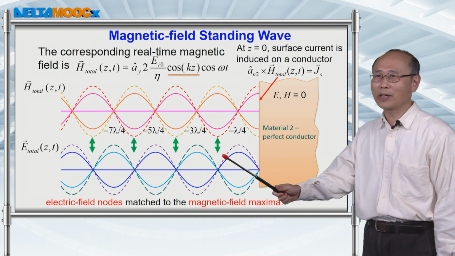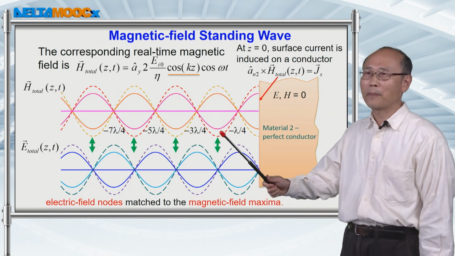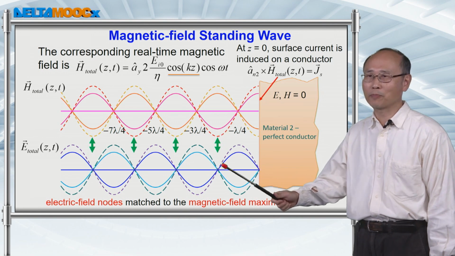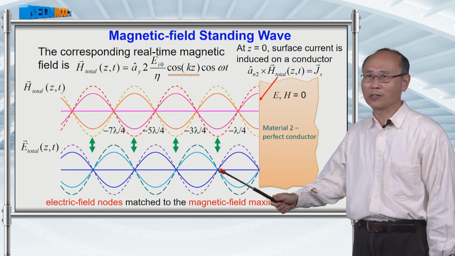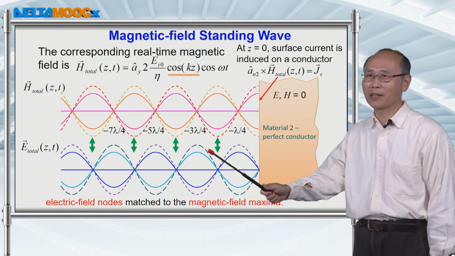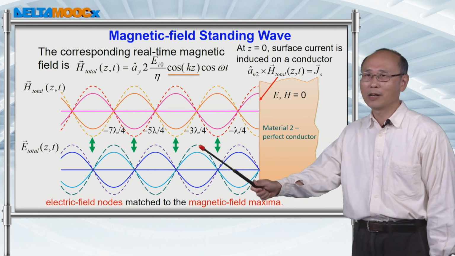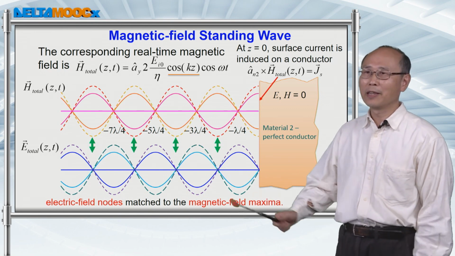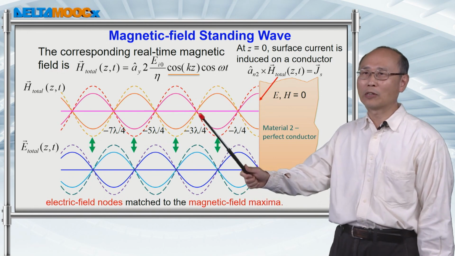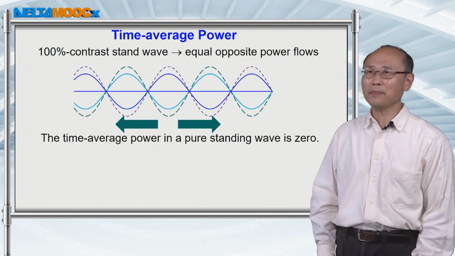And you can see that because of this 90-degree phase shift, the maximum point for the magnetic field corresponds to the node location of the electric field, and vice versa, which means that if you have a maximum amplitude for this electric field pattern, then the location will be matched to the node of the magnetic field pattern.